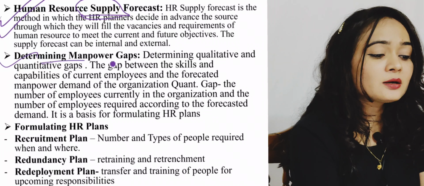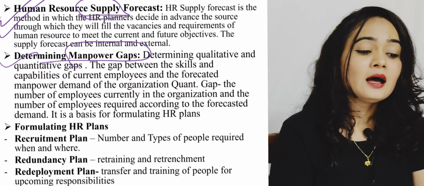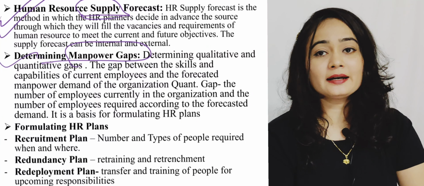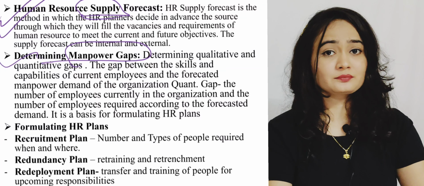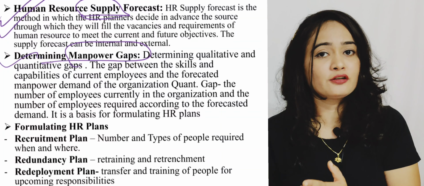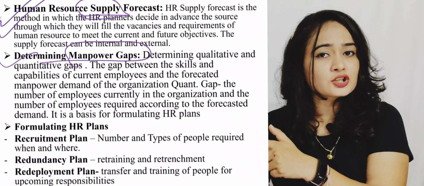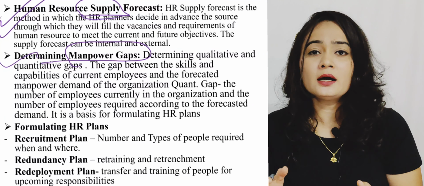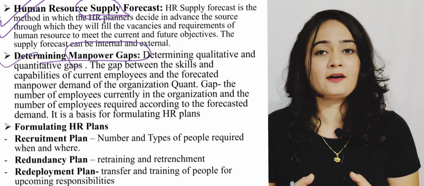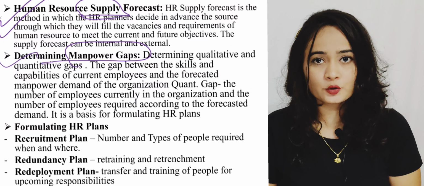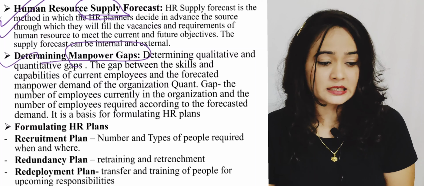Okay, then is determining the manpower gaps. Manpower gap here means that you have to determine what number and kind of people you will be requiring to achieve the organizational objective, and what number and kind of people you have right now, the current position of the human resource of your organization.